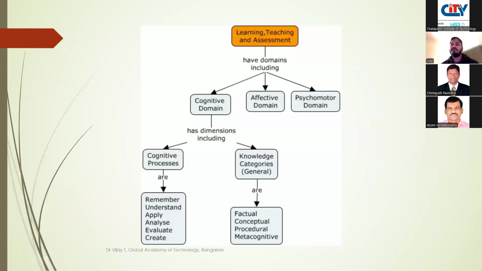This is how we do the analysis with CO-PO. Your complete criteria 3, 2, and 1 is dependent on this. If you better understand Bloom's taxonomy, then it is a smooth flow for framing your curriculum, framing your outcomes, mapping those outcomes, and finding the attainments. Learning, teaching, and assessment are the three major aspects, 120 marks for each in NBA Tier 1.